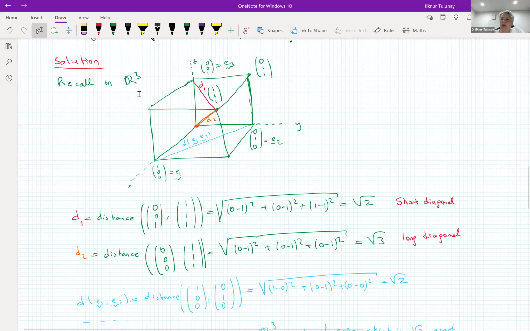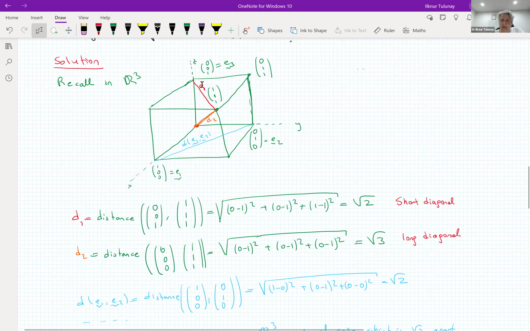In R3, we have a unit cube. So this point here is 1, 0, 1, and this vector here is 0, 1, 0, and this is E1, E2, E3, and this point is 1, 1, 1. We want to examine some distances.